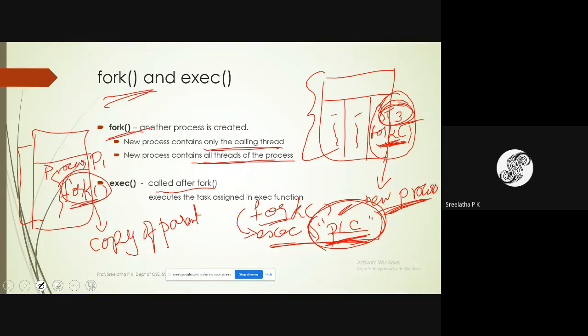When fork is called by process P1, a copy of the parent process is created. So here a copy of this thread has to be created, or a copy of this process has to be created. So two issues here. It can be done in two ways, the fork system call.